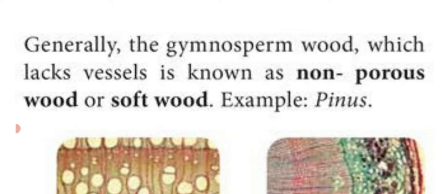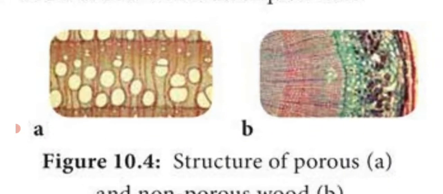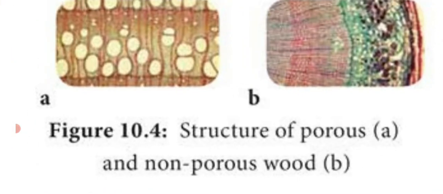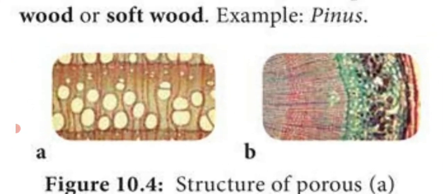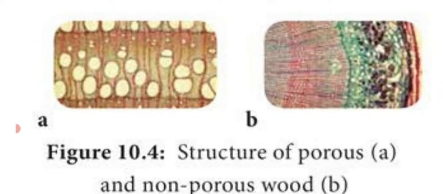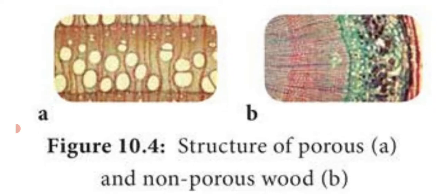Example, Pinus. See the diagram. This is the structure of porous wood and non-porous wood. First one, A, porous. The circular shaped structures are known as vessels. So vessels are present in the dicot plant. That wood is called porous wood. Second one, absence of vessels, is known as non-porous wood.